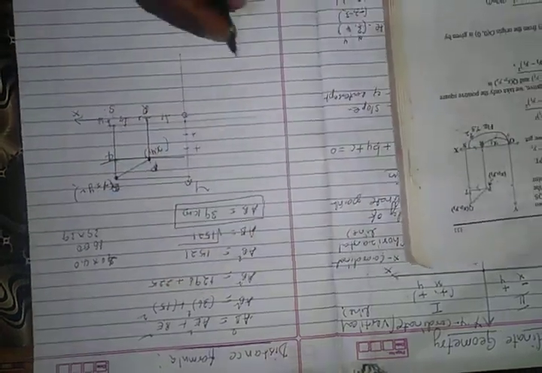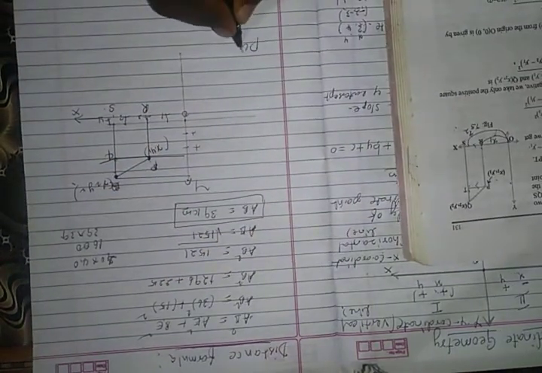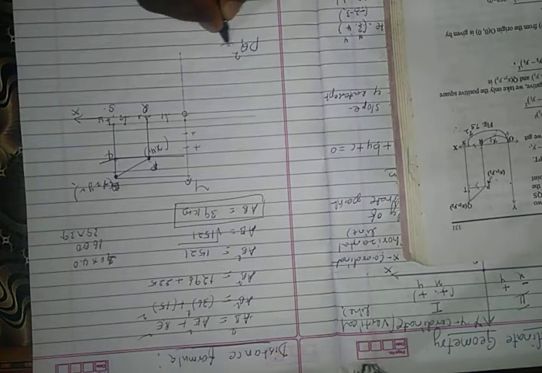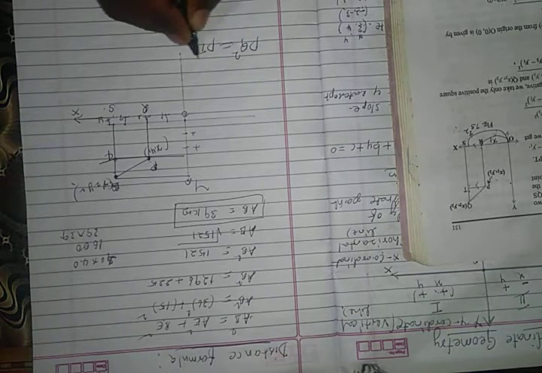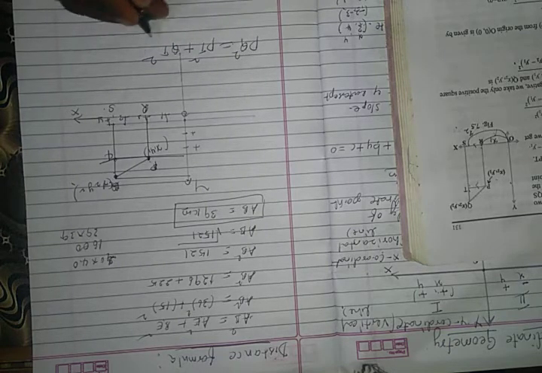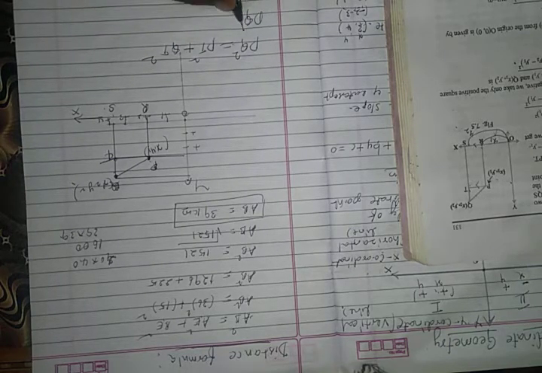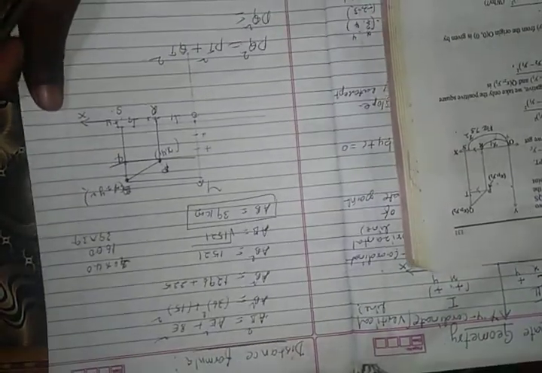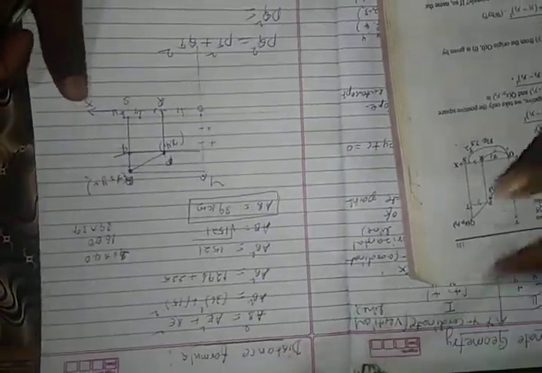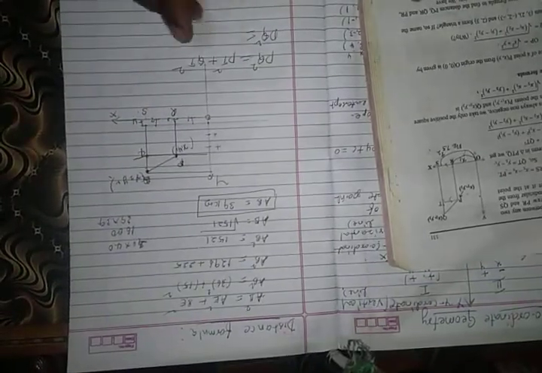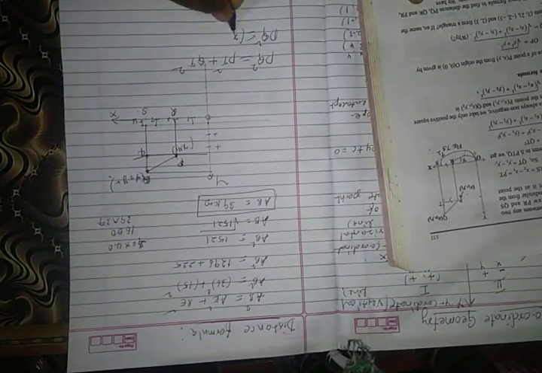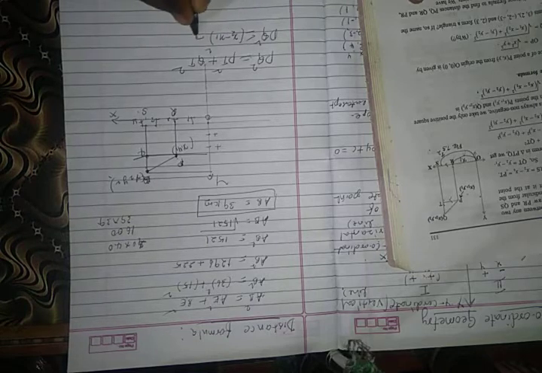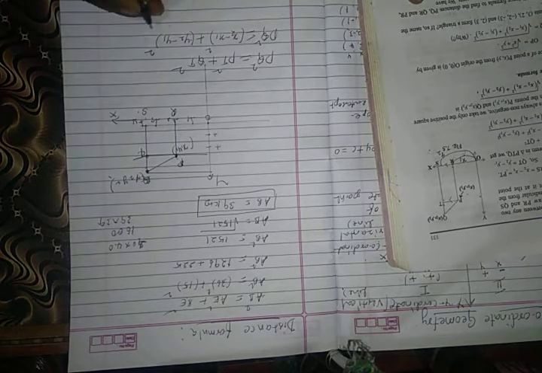Let us see. PQ square is equal to PT square plus QT square. So PQ square is equal to, PT is x2 minus x1 whole square plus QT is y2 minus y1 whole square.